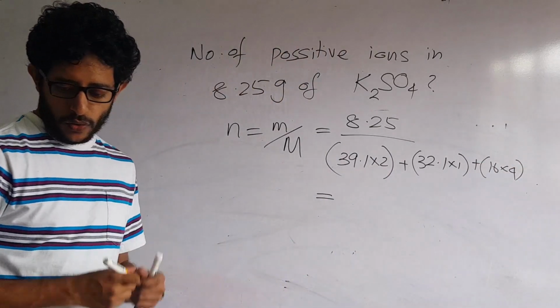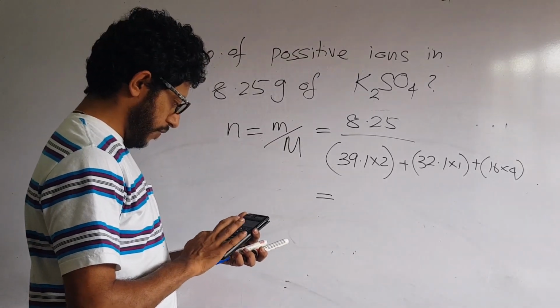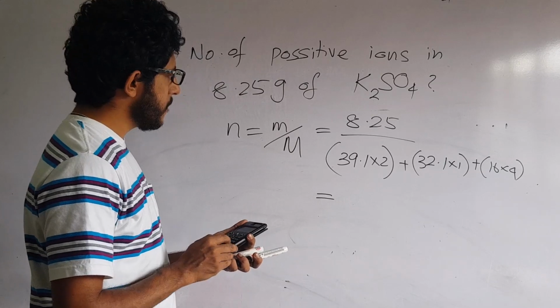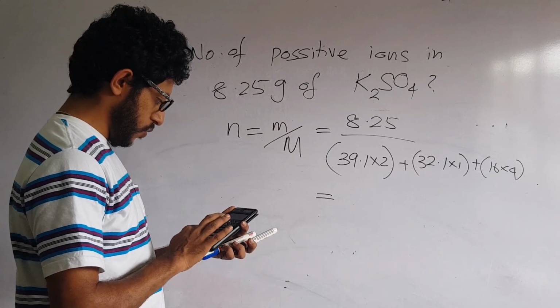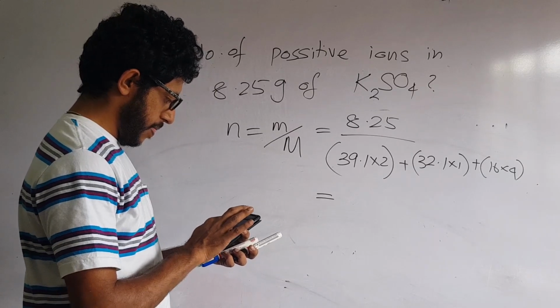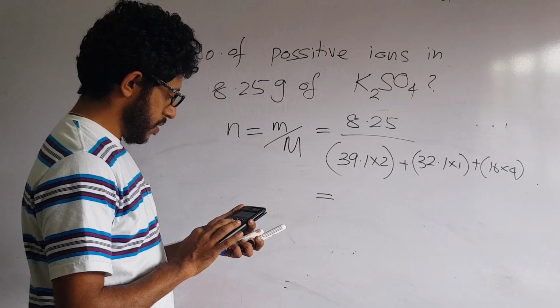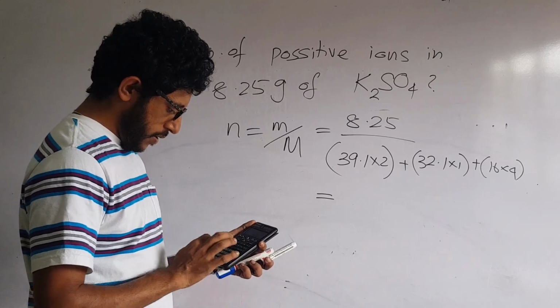This one gives you 8.25 divided by 39.1 plus 32.1. So you can also do with me 16 into 4.